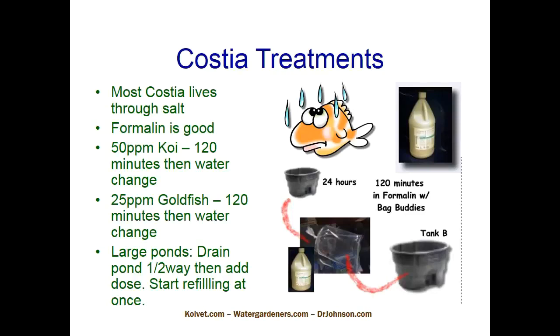Now, there are other treatments: potassium permanganate, chloramine T, and copper. All have a tendency to work on Costia. I don't like copper in fresh water. Copper can be, under quite a few circumstances, very unstable and result in copper toxicity. Seachem manufactured, if they don't still, a chelated or aminated copper.